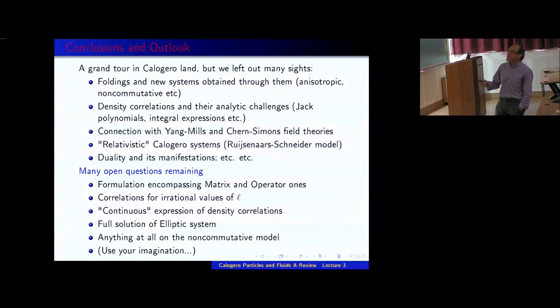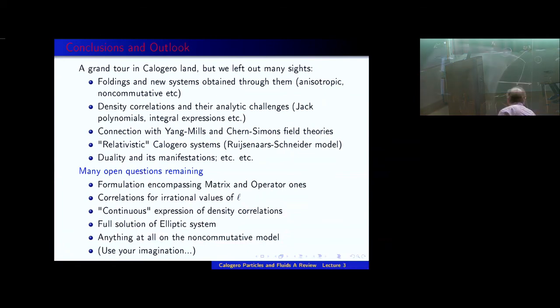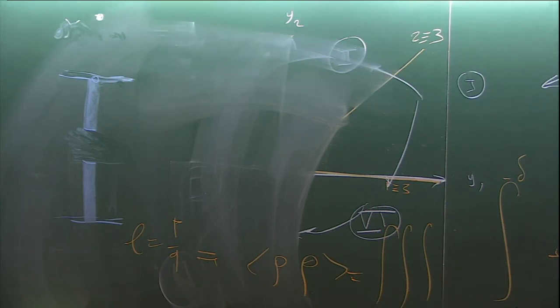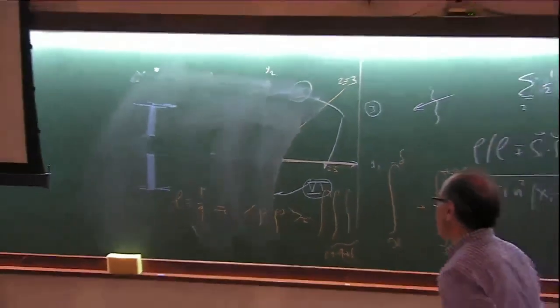Why? Because the only known cases in which such density correlations are calculated are those for which L is a rational number. Not only that, but if L is of the form P over Q, the result for the density-density correlation is in the form of an integral that is P plus Q plus 1 dimensional. That is, you need to perform P plus Q plus 1 integrals in some horrendous integrand to find that correlation value.